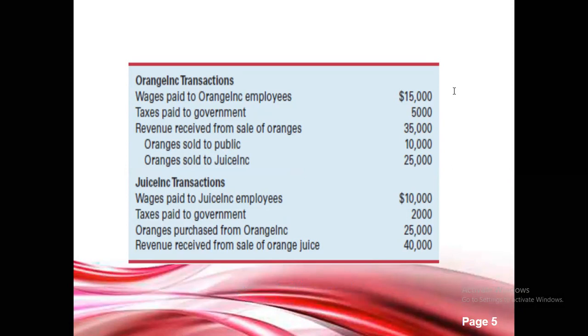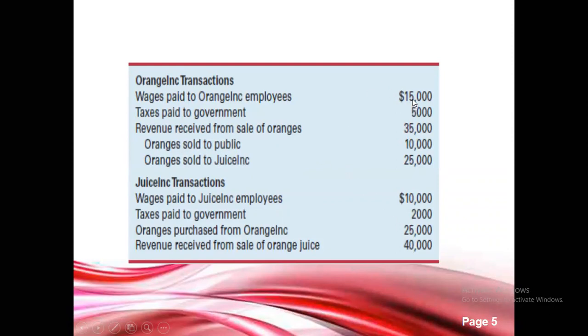It measures the economic activity by adding the market value of goods and services, right? What is the market value of the orange transaction? It is 35,000, right? And what is the market value of juice? It is 40,000. But how do we calculate it?